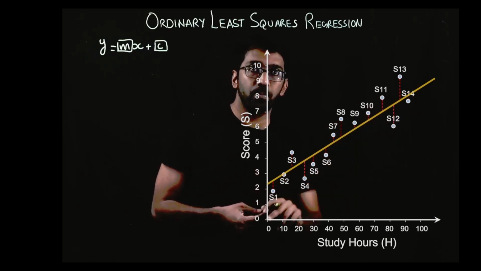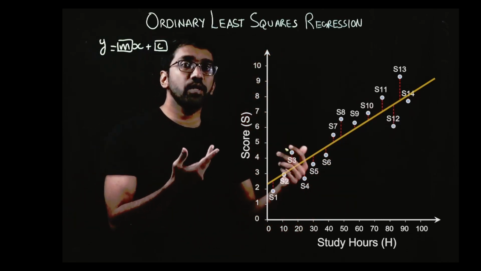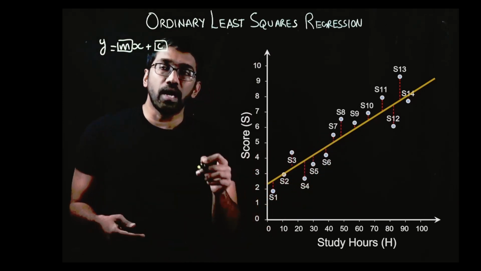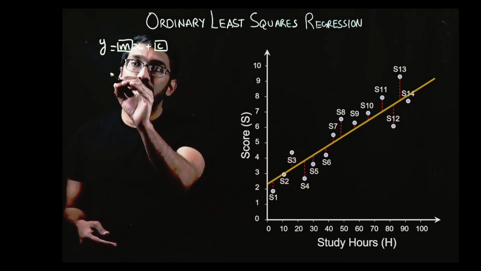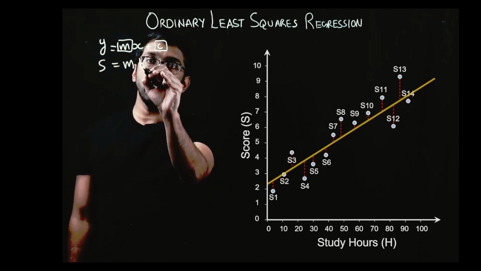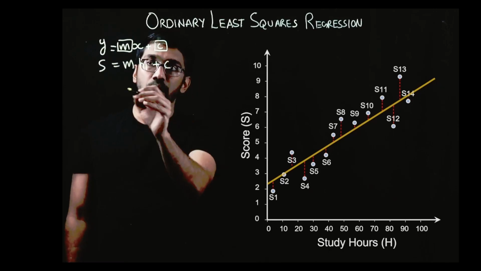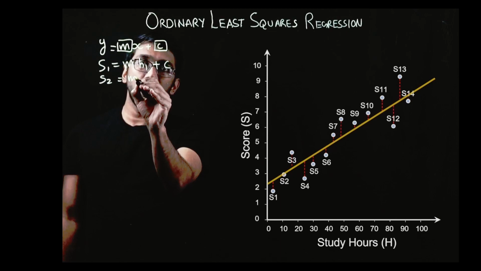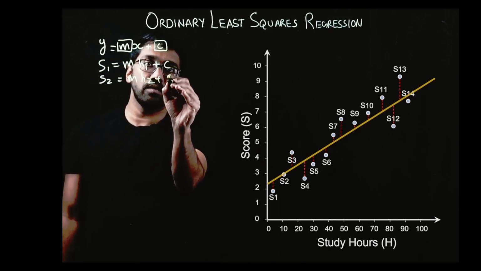So coming back to the modeling, the idea is to minimize all the red lines here for all the points that we have. Let us write down the line equation for each of these points. For the first student, it will be S1 equal to m into h1 plus c, and this is for student 1. For student 2, we can write the model to be S2 equal to m into h2 plus c.